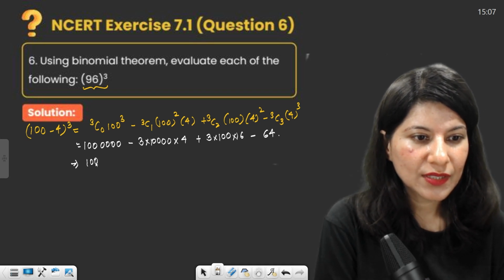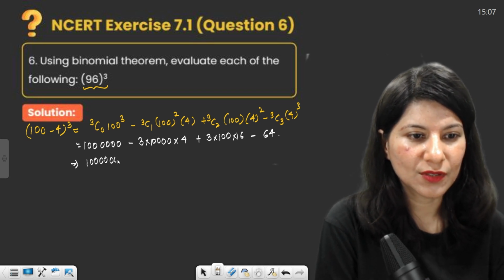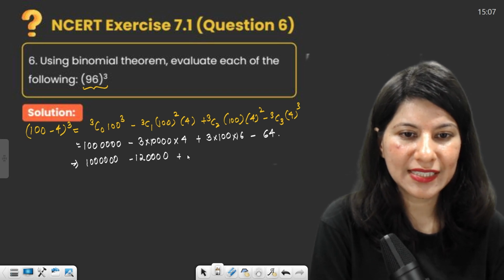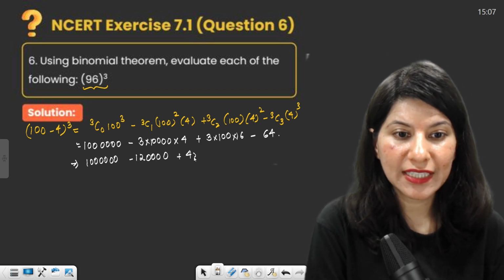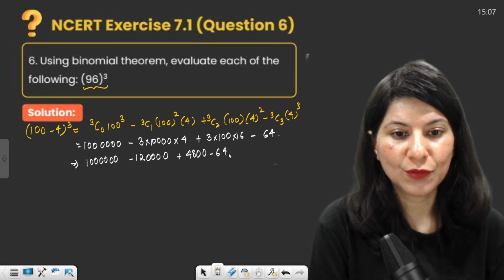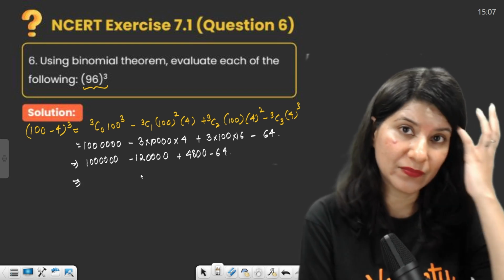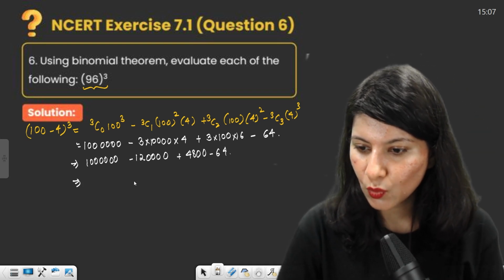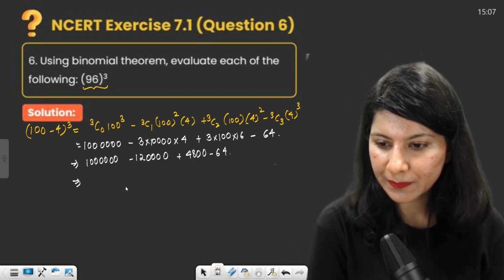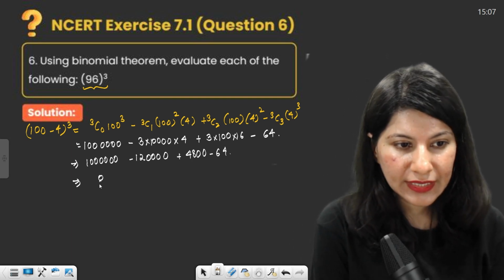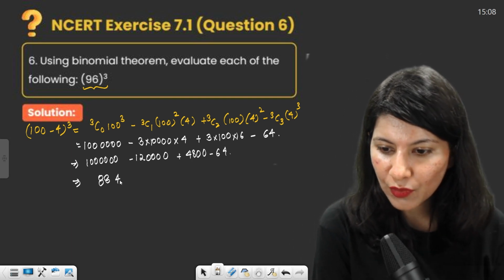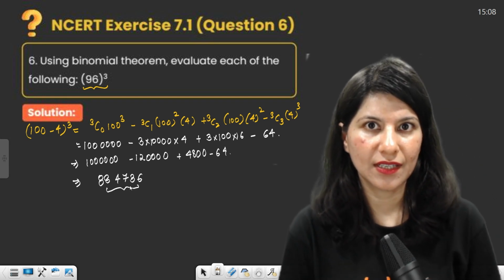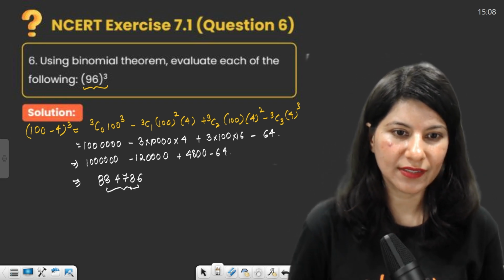So 1000000 minus 120000 plus 4800 minus 64. Now if you solve them, the final answer of this particular question would be 884736. Yes, 884736 if you solve this.